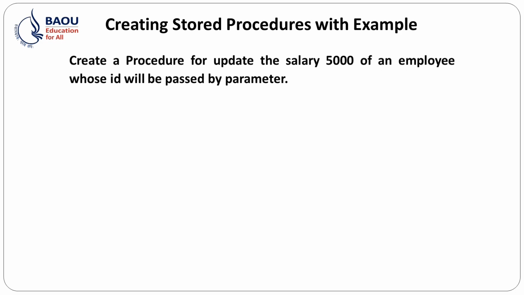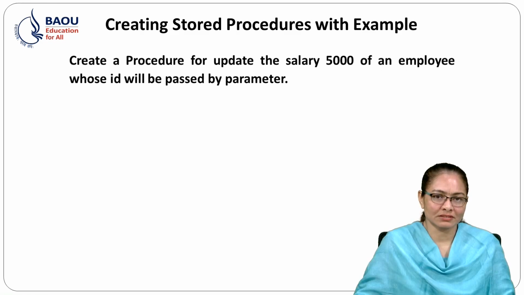In the last lecture, we already completed the theory part of the stored procedure. Today, we will discuss creating a stored procedure with an example. How to create the stored procedure? Try to understand using an example. Suppose we have an employee table named EMP.